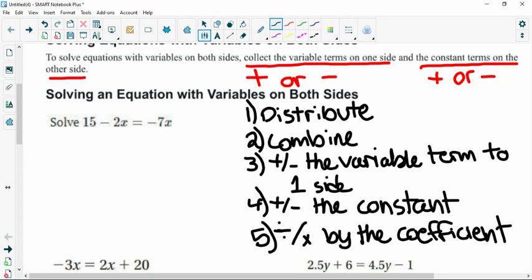Today, you'll see examples where you use all or nearly all of the steps for solving an equation. Now, let's see how that applies with our first example on the left.